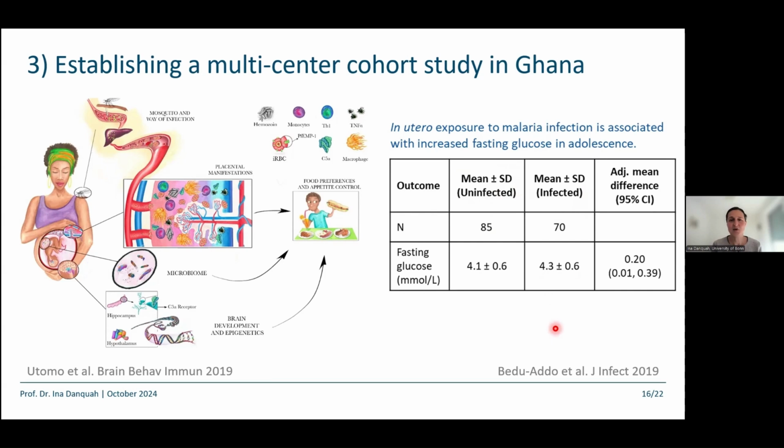Now, obviously, this is only hypothesis generating, and that's why we also did this systematic review to see what kind of factors could play a role. But now this larger birth cohort could maybe help us to disentangle and verify that hypothesis.